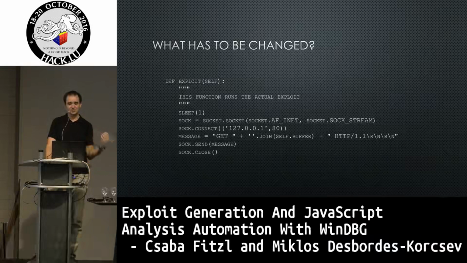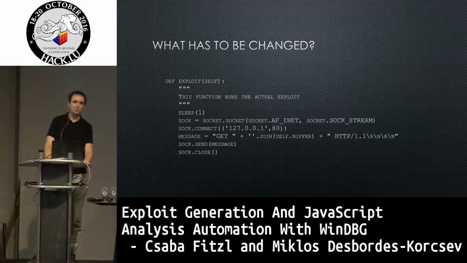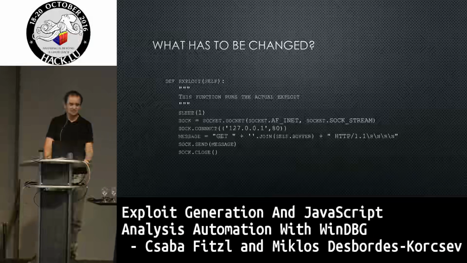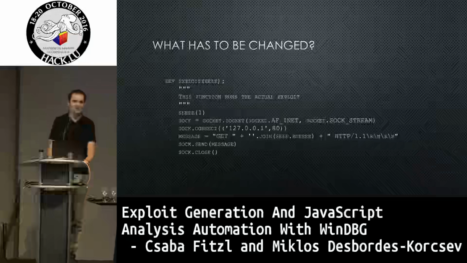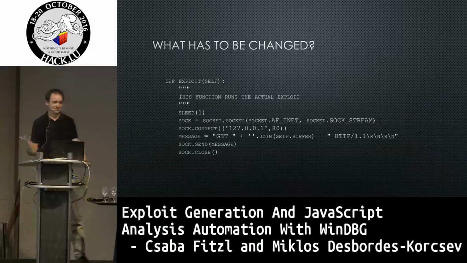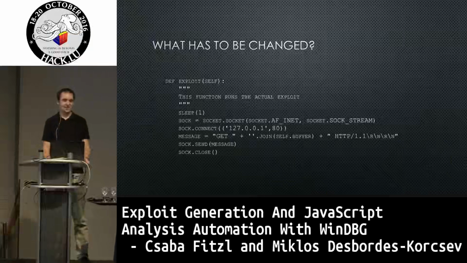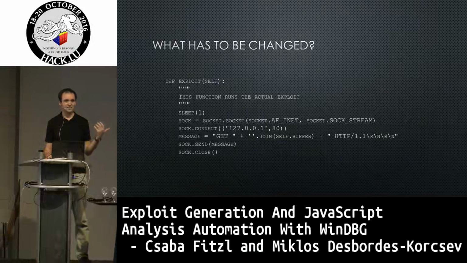And there is another function which has to be populated in case of network-based exploits. That's the save function, in case you want to save your exploit for the future, and why you wouldn't want to do that. It would be basically the very same as this exploit function.